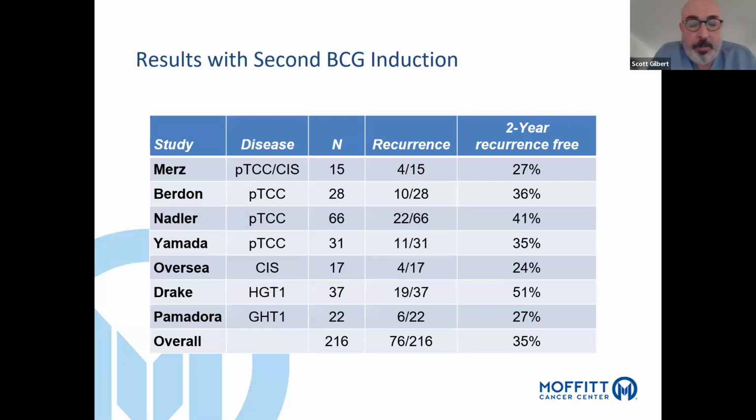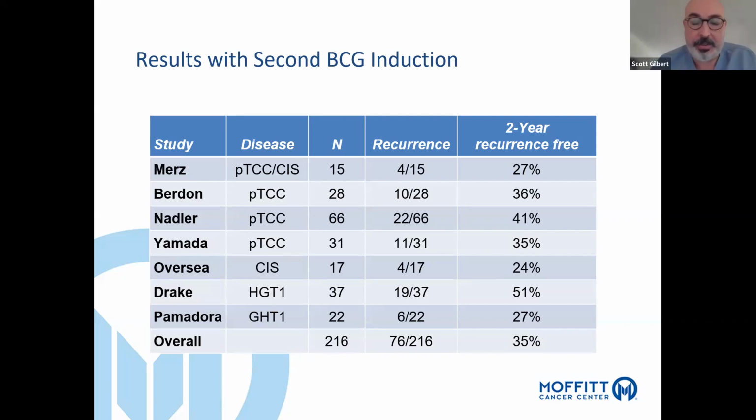So when people have a recurrence after BCG, a question is, what is the rationale for doing a second induction, which is common in the guidelines, particularly if the patient has not received any recent BCG within the last 12 months. The response rates are based on these studies, and you can see anywhere from 30 to 40, in one study 50%, of patients will have an additional response, or a second response, to a second induction.